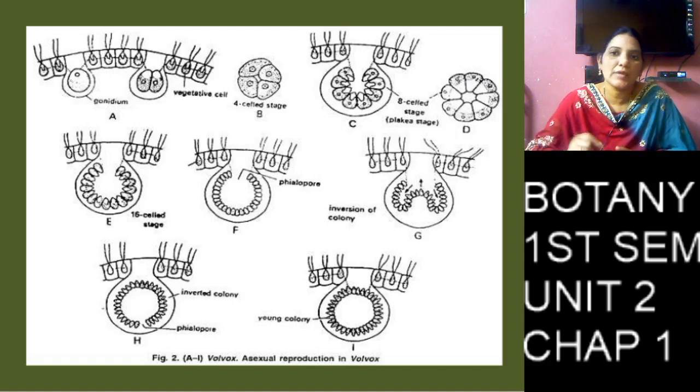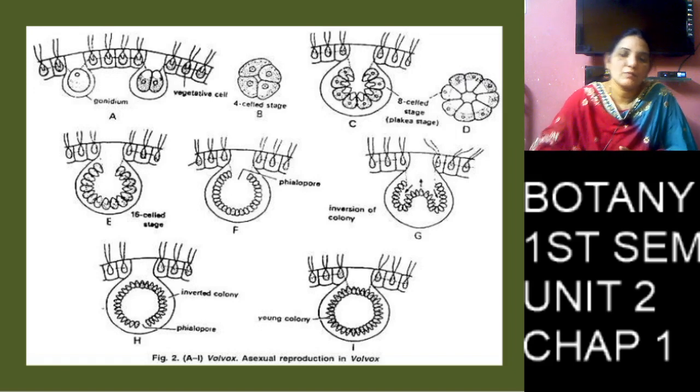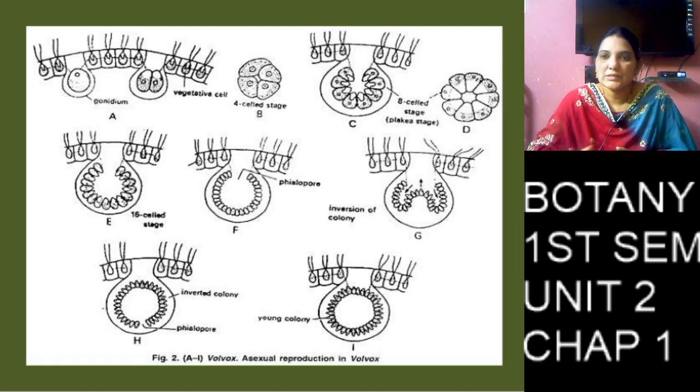So the androspore has 2 flagella. It is similar to the asexual reproduction single cell, but very small in size. The shape is similar to one single cell, but the androspore size is very small.